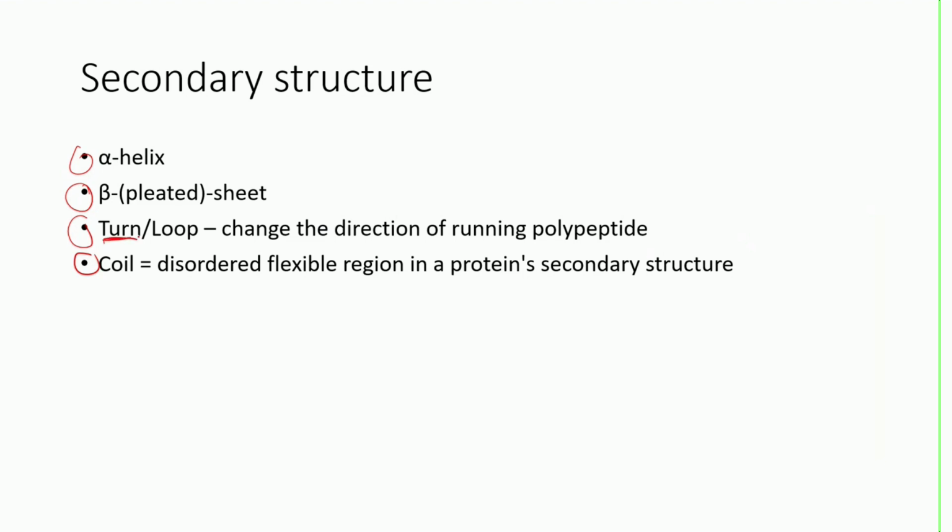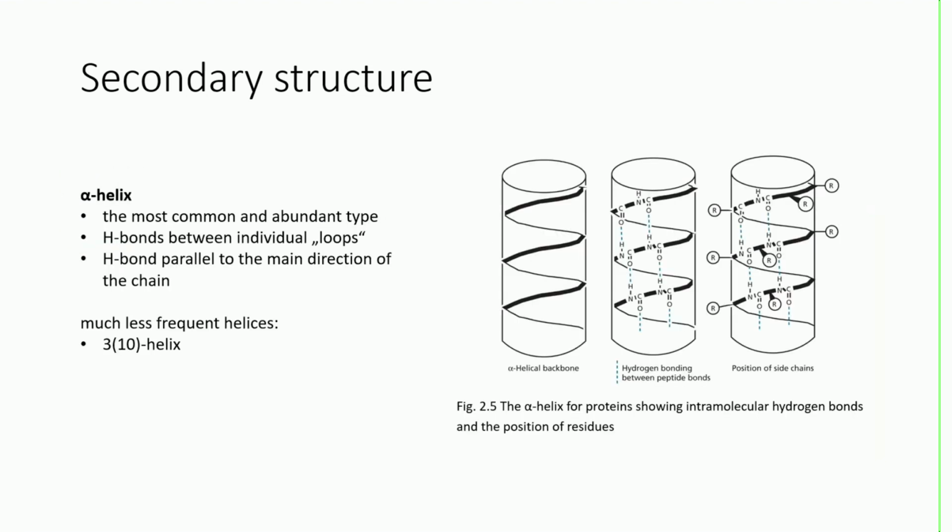Typically, the turns are shorter, maybe 3 amino acid sequences, and coils are longer, unorganized or disordered regions of proteins.